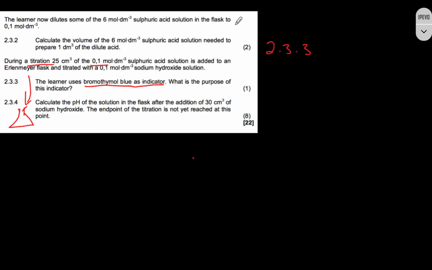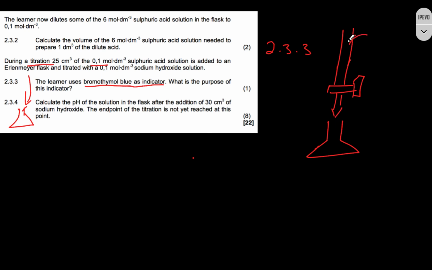Whenever you're performing a titration, you are going to use what is called a burette, and then you're going to use an Erlenmeyer flask or a conical flask.